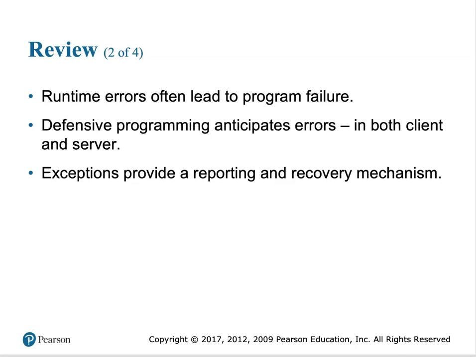Recovery if we can, reporting that there was a problem if we can't. And if this occurs at runtime, to allow our programs to shut down cleanly, for example, closing files and other things so we don't end up with potential data loss, and then giving control back to the user and back to the operating system.